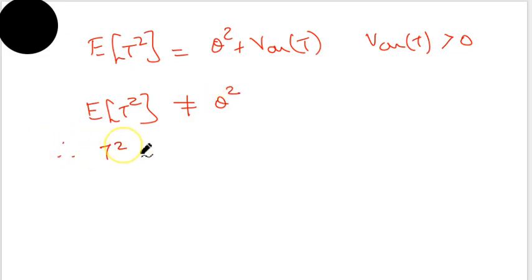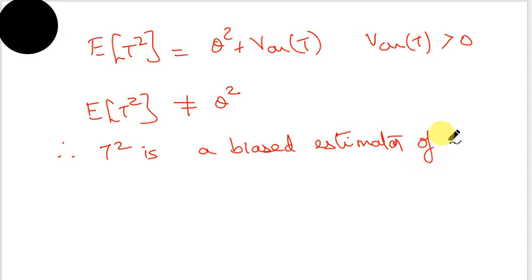Hence, T squared is a biased estimator of theta squared. See, E of T is theta, so it is unbiased. Here E of T squared is not theta squared because it is theta squared plus some positive quantity. Therefore, T squared is a biased estimator of theta squared.